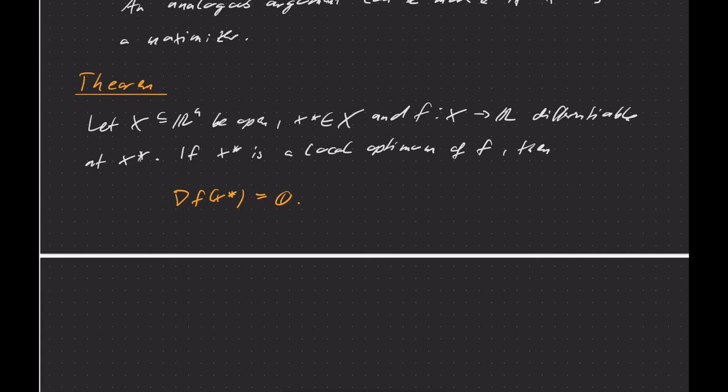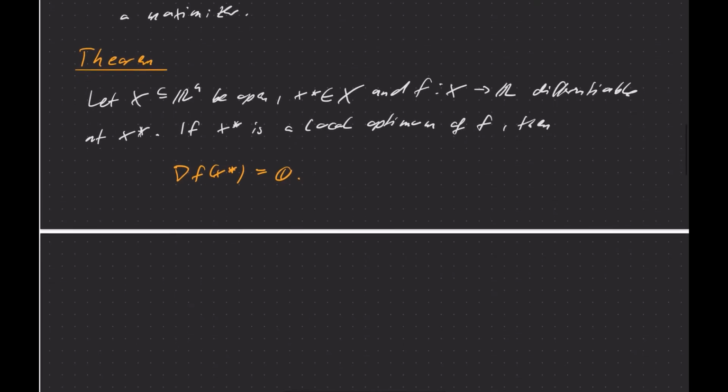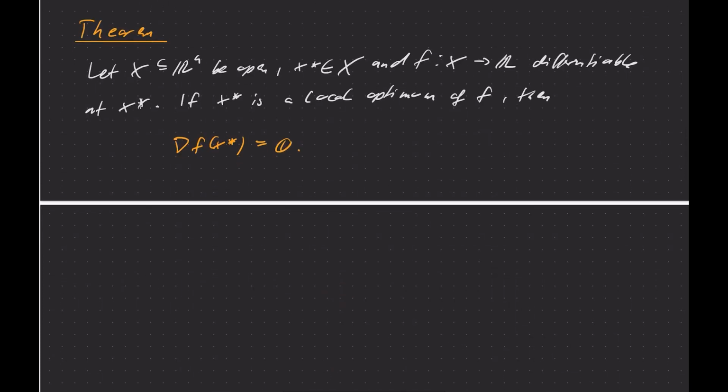And theorems of that kind are known as first order conditions for local optimality, meaning that they use the first derivative, nothing beyond that. That's why they call it first order conditions. And it's a necessary condition. That means the reverse is not necessarily true. We have already seen examples where the gradient was zero, but we did not have a local optimizer.